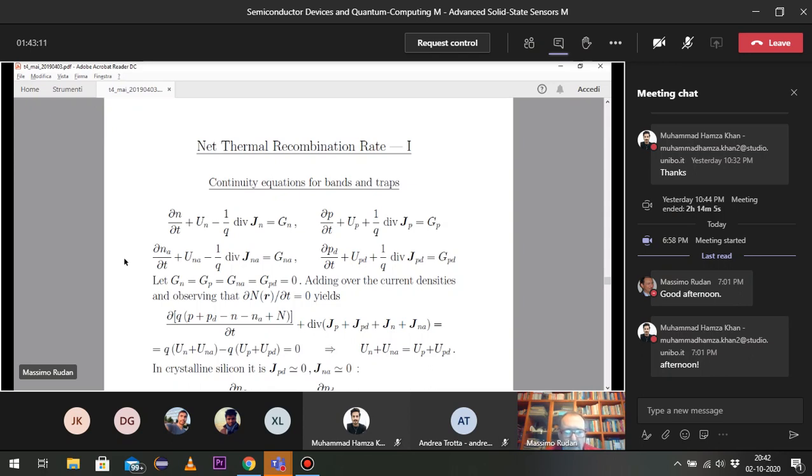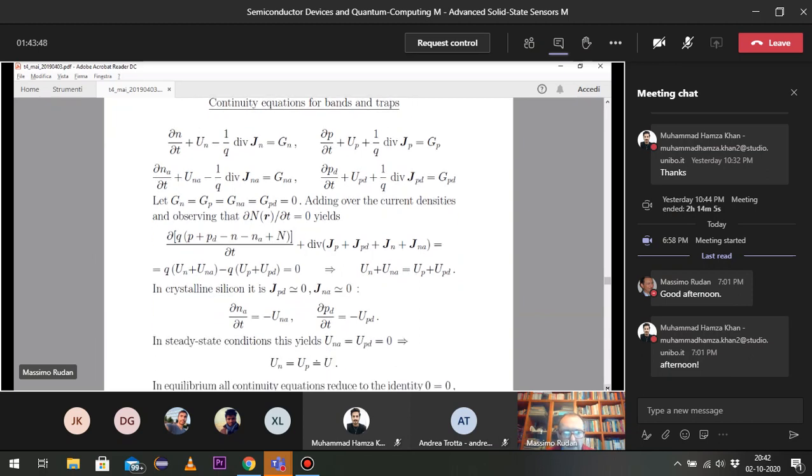After that, we add the equations one to the other by taking the equations corresponding to the holes with the positive sign and the equations corresponding to the electrons with the negative sign, because electrons are negative, okay? So for instance, we group first all the terms that are under the time derivative.